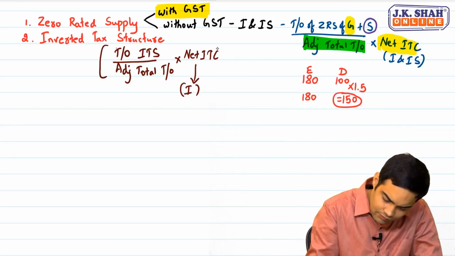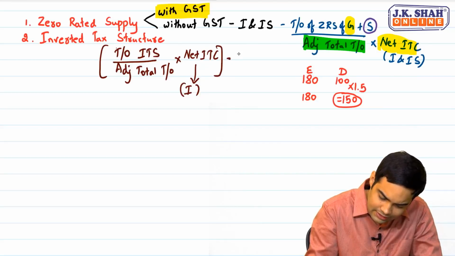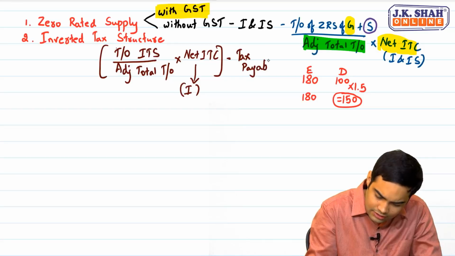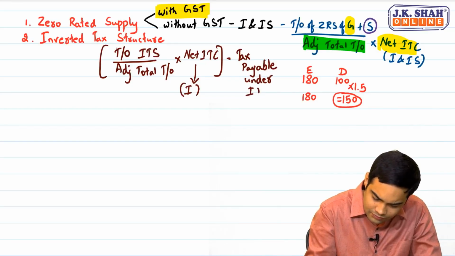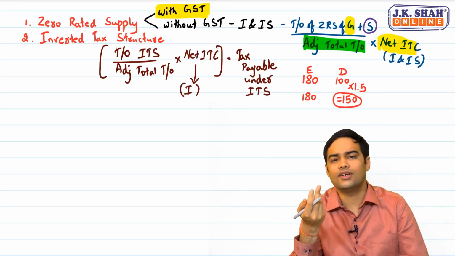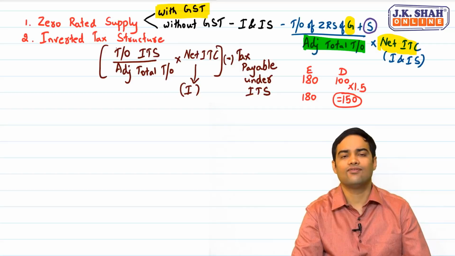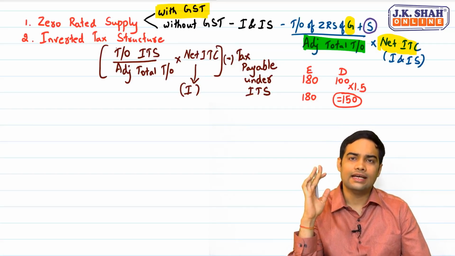And once you find this proportion minus tax payable under inverted tax structure. So whatever tax you have paid under inverted tax structure, that would be subtracted, and if there is any differential amount, you will get a refund.